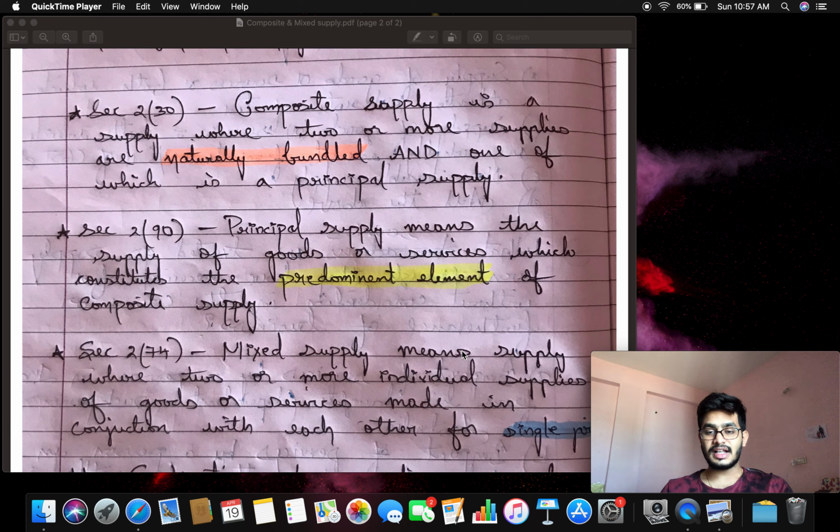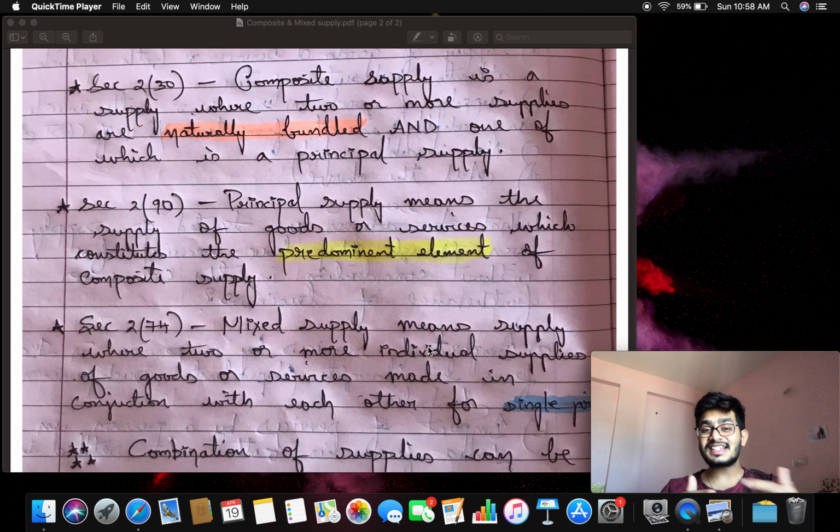Are they charging separately for the remote? No. The remote price is inclusive in the TV price. In this case, TV is the principal supply and remote is an auxiliary supply. We have to identify what is principal and what is auxiliary. So both TV and remote are naturally bundled.